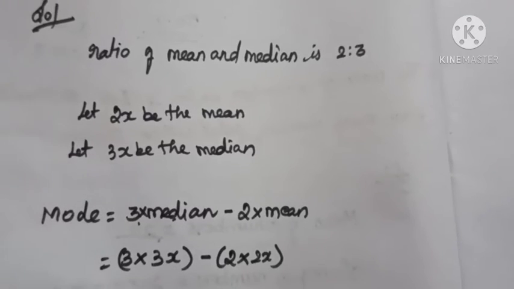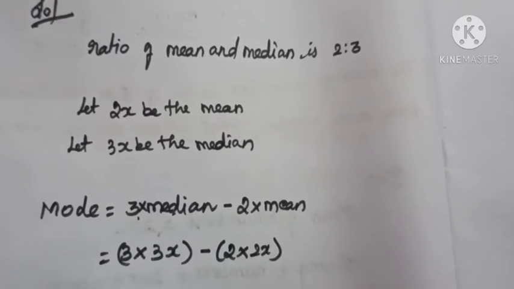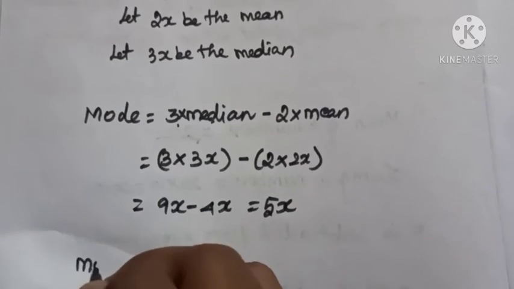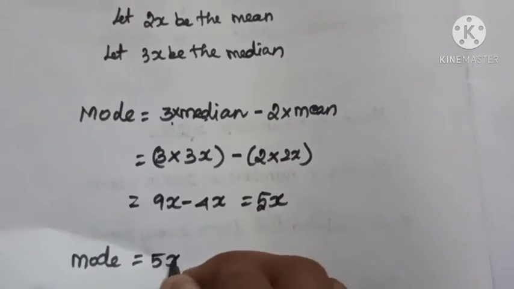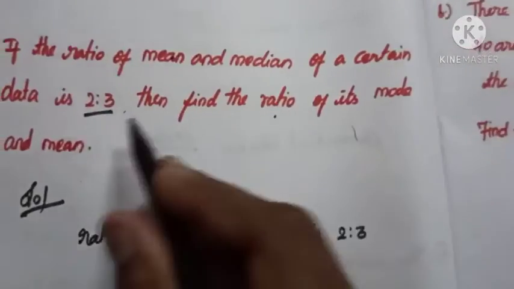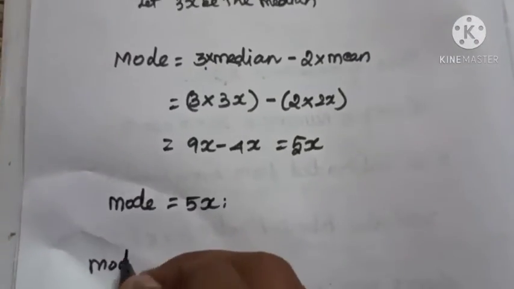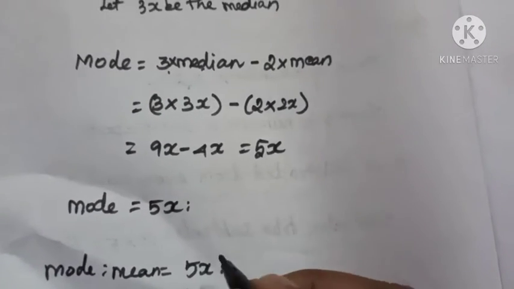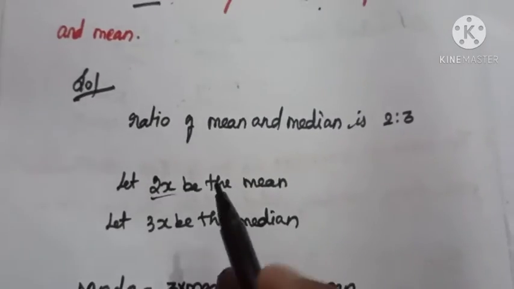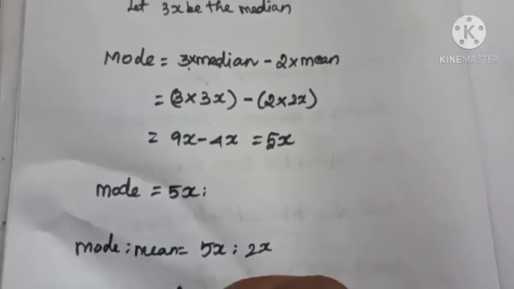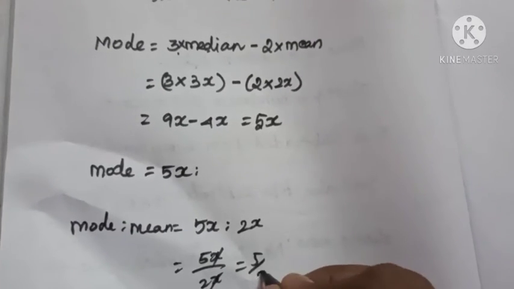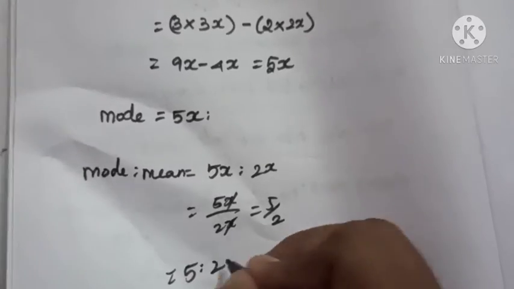So 9x minus 4x is equal to 5x. So the mode is equal to 5x. The ratio of mode to mean is 5x to 2x. The x cancels, so it becomes 5 by 2, which is 5:2, the ratio of mode and mean.